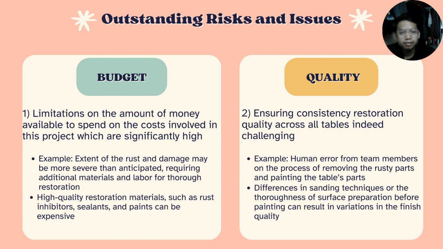And then the difference in sanding technique or the thoroughness of surface preparation before painting can result in variation in the finish quality. So these two are the most significant risks and issues that occur.